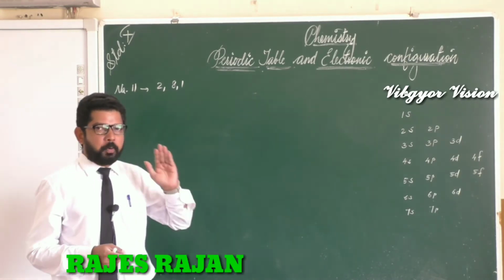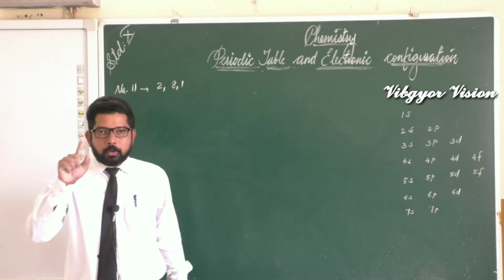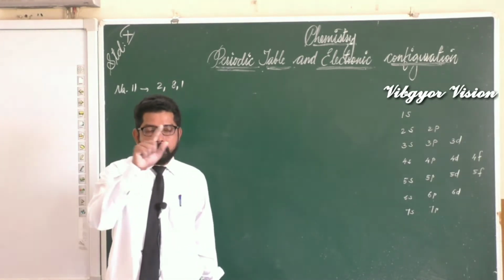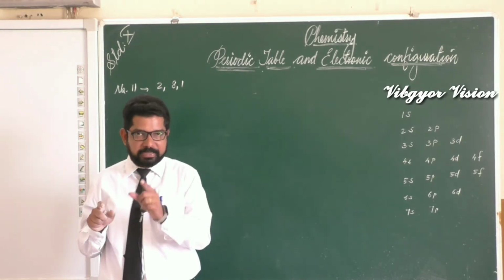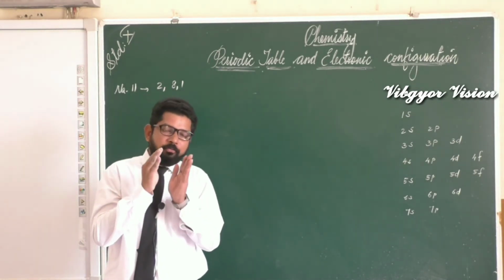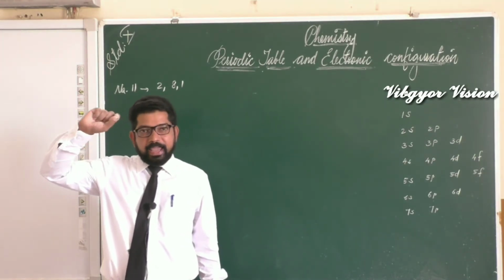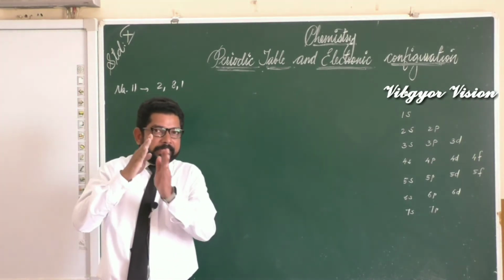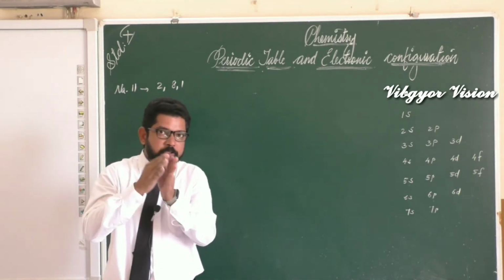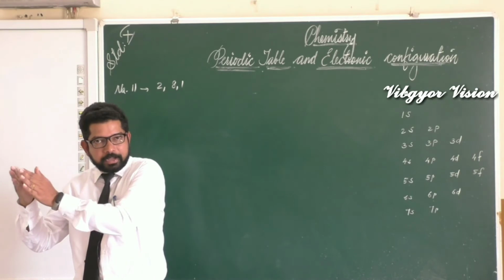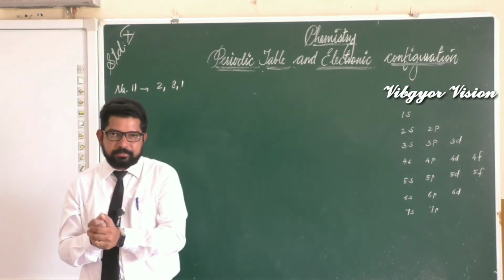Do you remember Bohr's model? According to Bohr's model, the electrons are revolving around the nucleus in specific paths called orbits. Also we know that as the electrons move away from the nucleus of an atom, the energy of the electrons increases.